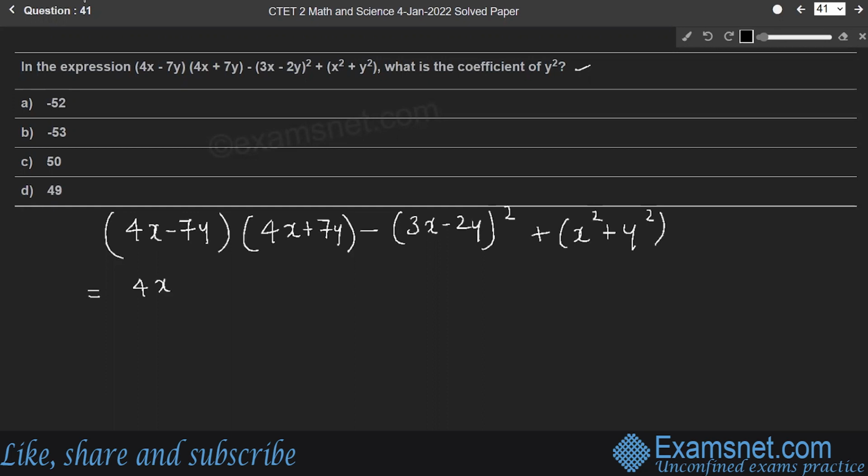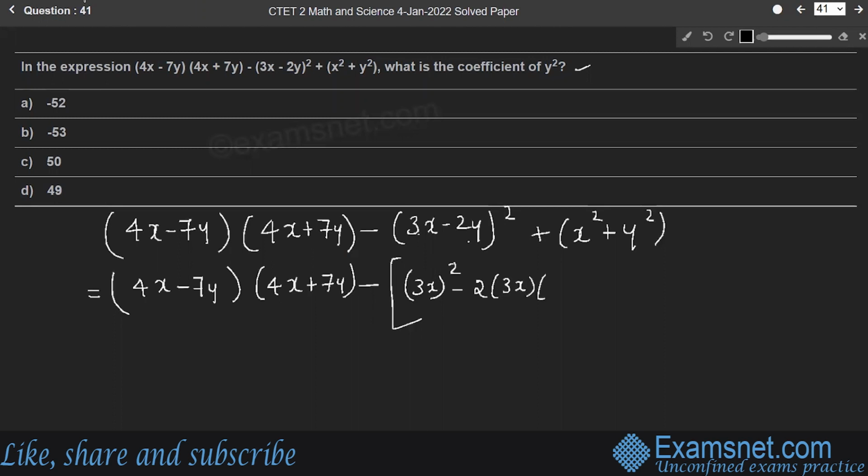(4x minus 7y) into (4x plus 7y) minus of, here a minus b whole square is a square minus 2 times a into b, 3x into 2y plus b square, that is (2y) whole square, plus x square plus y square.